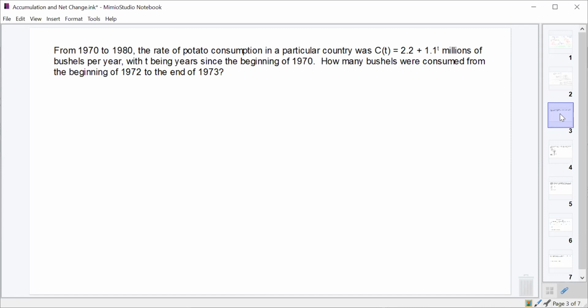So it might be a rate that we're consuming potatoes, or a rate at which a water pump operates, or a rate at which electricity flows through a current, or a rate at which waves crash onto the shore at the beach, or some sort of rate. And anytime we take a rate function and integrate it, we end up getting a numeric value of something.